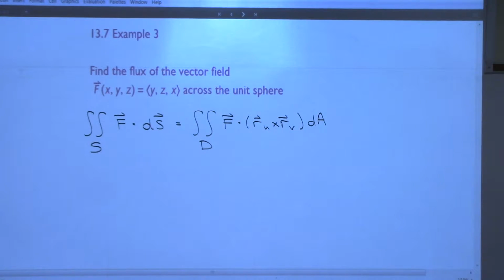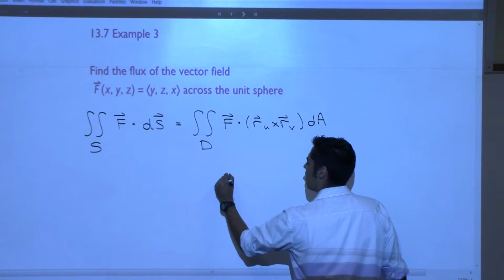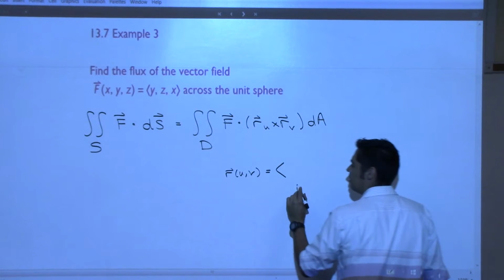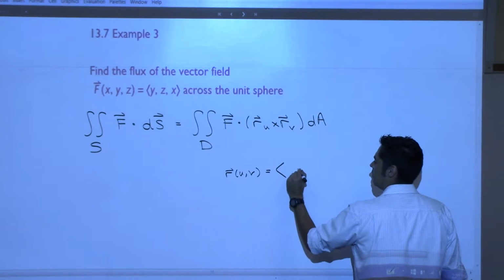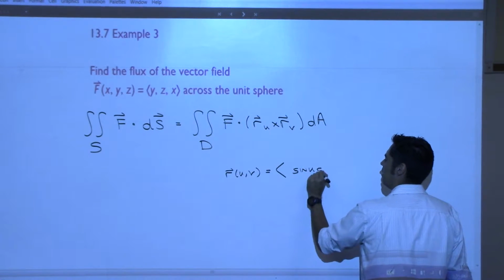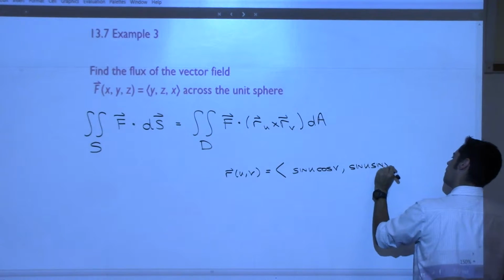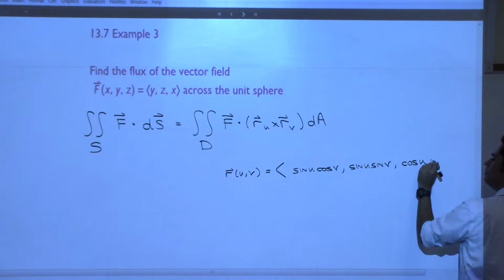R is the function that draws the surface. We've done this. This is a unit sphere, right? So what was R? Was it sine U cosine V, sine U sine V, cosine U?